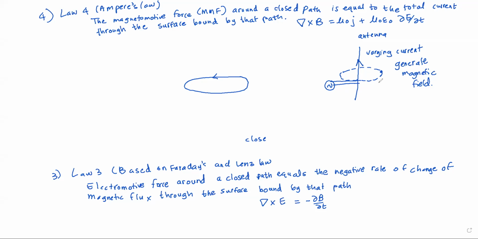Using Ampere's law, we can say that a curl of magnetic field creates a varying electric field. I will draw it here separately. First of all, a varying current generates a magnetic field, and due to the varying current, the magnetic field is also varying.